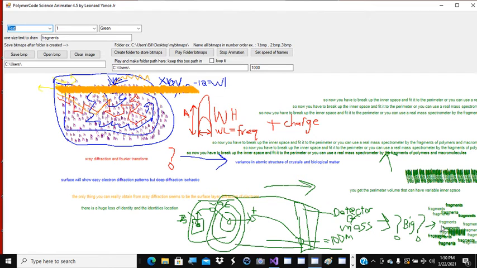You do that with computer animation, or whatever. You might draw it on paper, but I would probably use computer animation to fragment long macromolecules or polymers or whatever, complexes. We call them complexes.